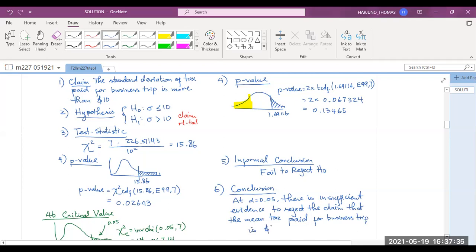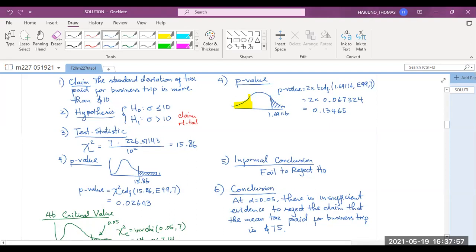is $75. So maybe it's not $75, but so far it's not too much different, right? Okay, maybe not, but we don't have evidence to reject that. Because your sample mean is 84, which is different from 75.